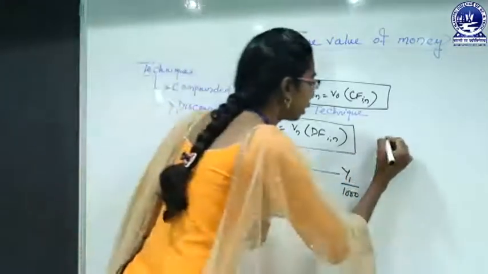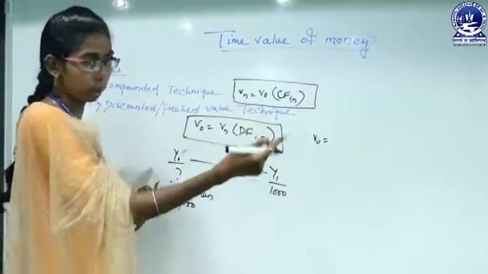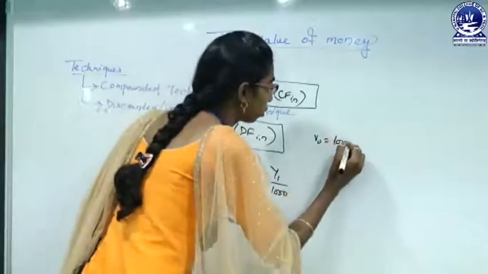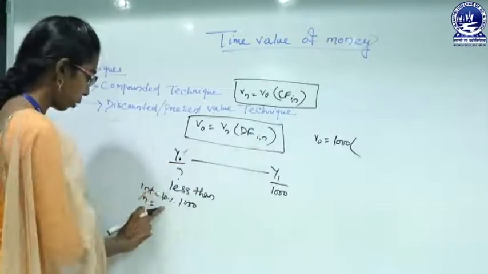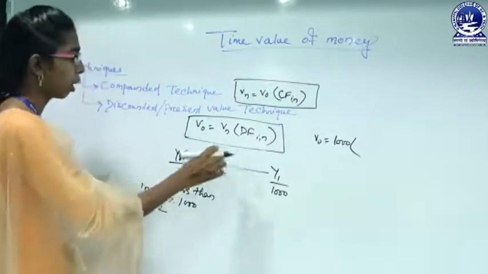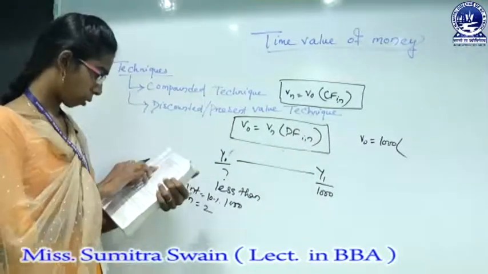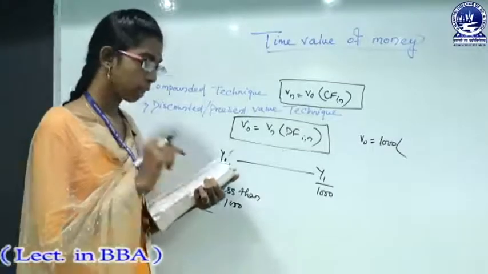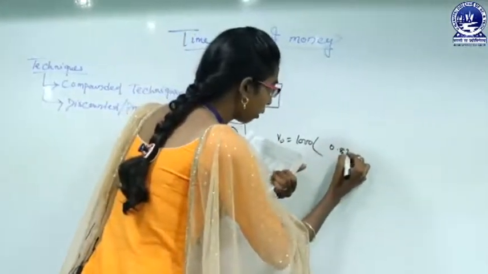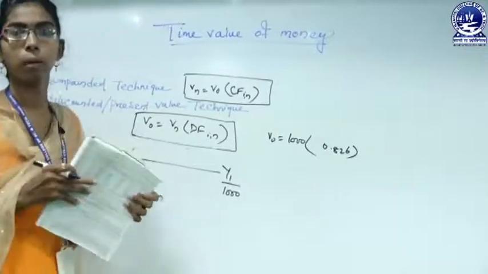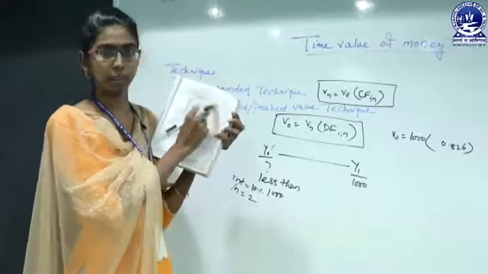So we calculate V0 is equal to Vn, the value on the future date, that is 1000, multiplied by the discounted factor after 2 years at 10%, which is 0.826. The factor table says 0.826.